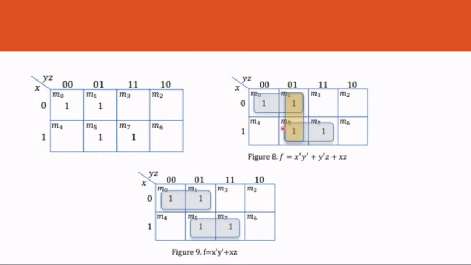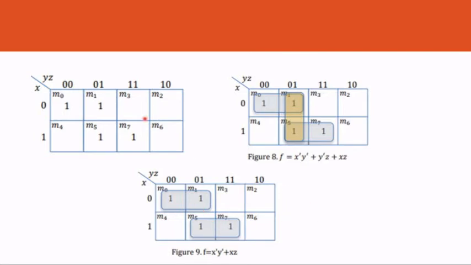So again, if it is already covered, there is no need for us to group these adjacent squares. The proper way to do that is to just group M0 and M1, and group M5, or minterm 5, and minterm 7.